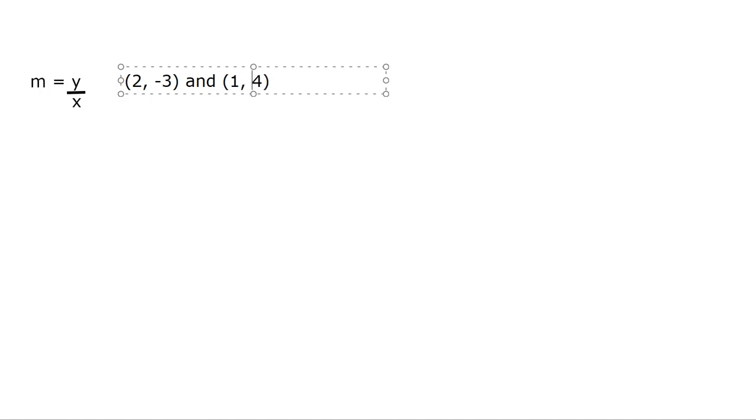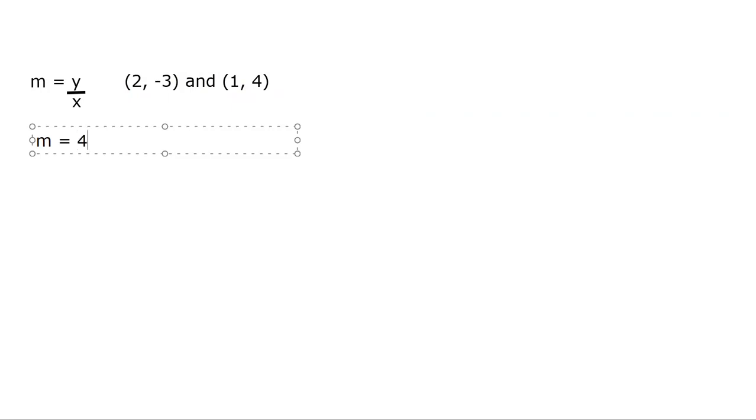So using this, I'm going to find the slope. How am I going to find the slope? I'm going to subtract the values for y and the values for x. Remember, this is for y and this is for x. So m equals 4 minus negative 3.